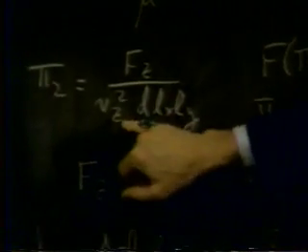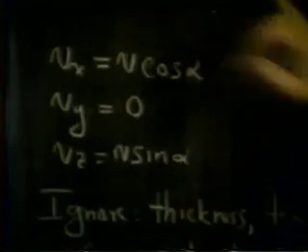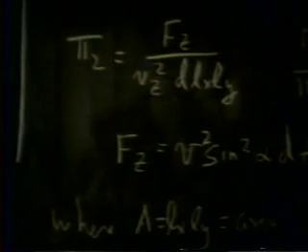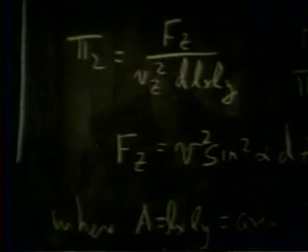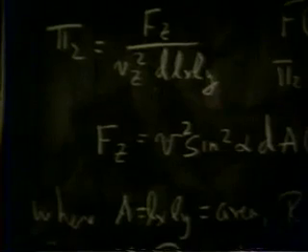And now I'll solve: the v in the z direction is the given velocity times the sine of the angle of attack, and the lengths I will replace by the actual lengths of the plate in the x and y direction, thereby producing the area of the plate. I'll call that A. And I will rewrite the velocity in this term.